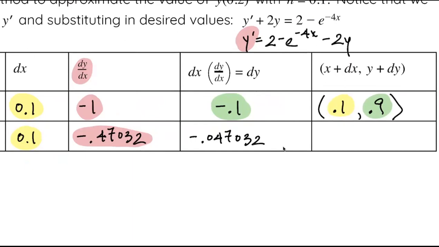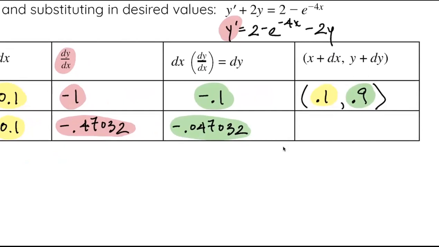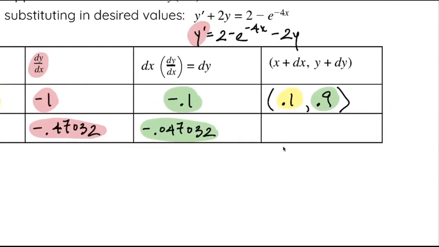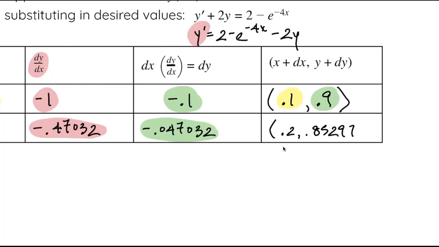And this is the change in y at the new point given the change in x at the new point. So now let's find the new point. We're going to take yellow plus yellow, green plus green, and we end up with 0.2, comma, 0.85297.